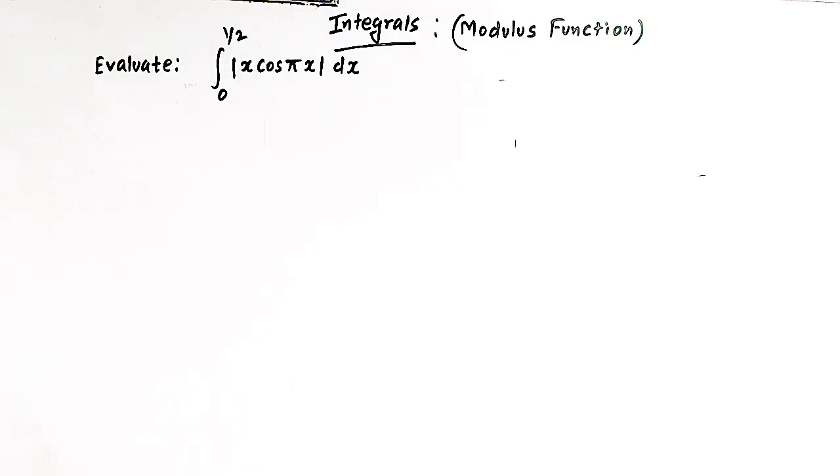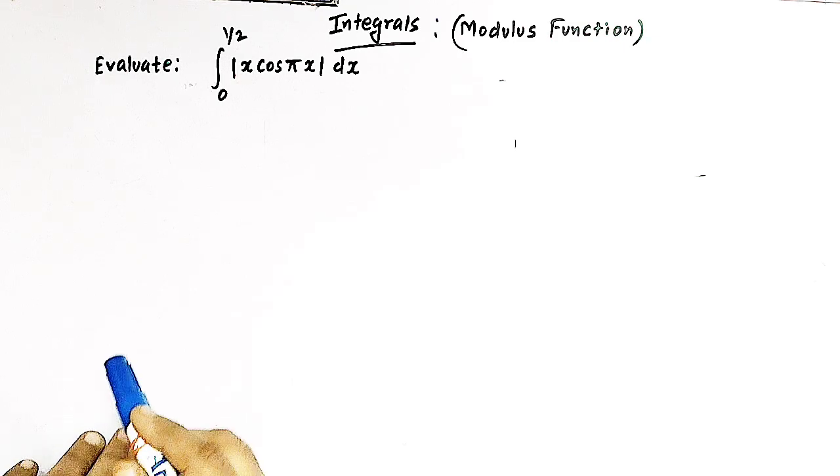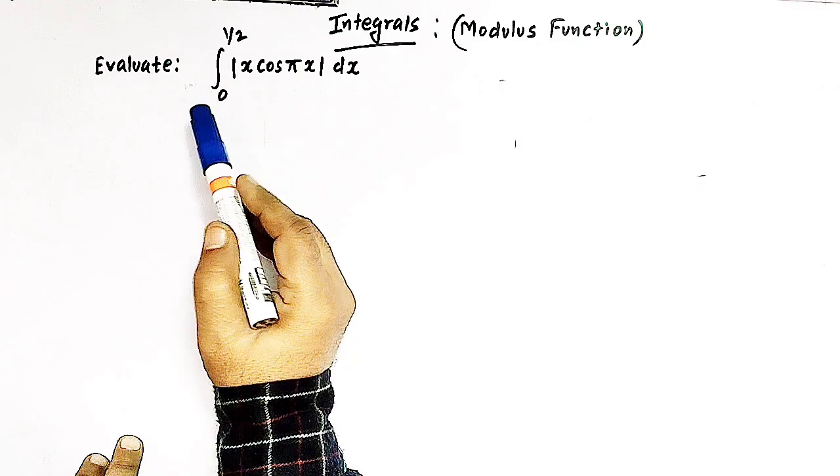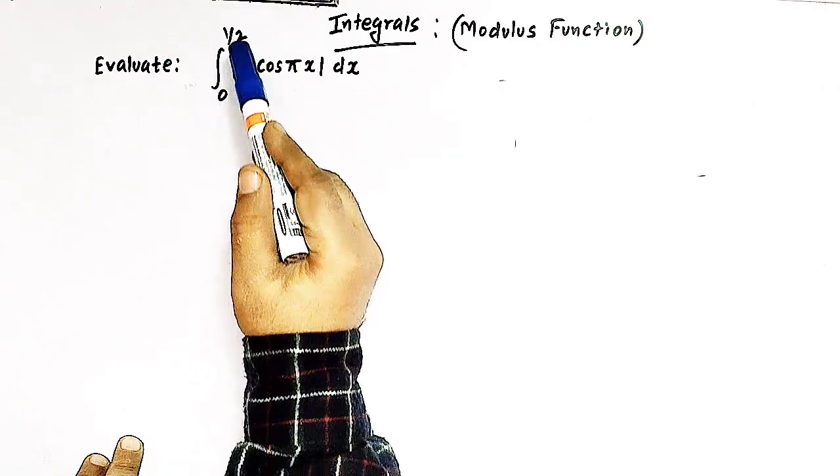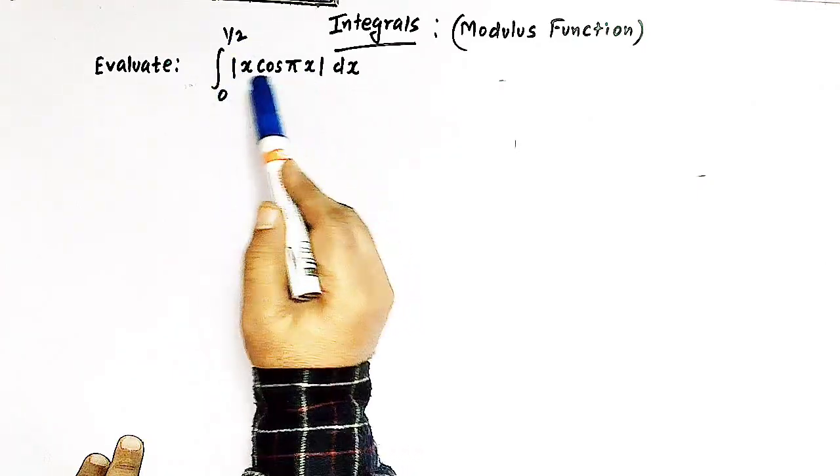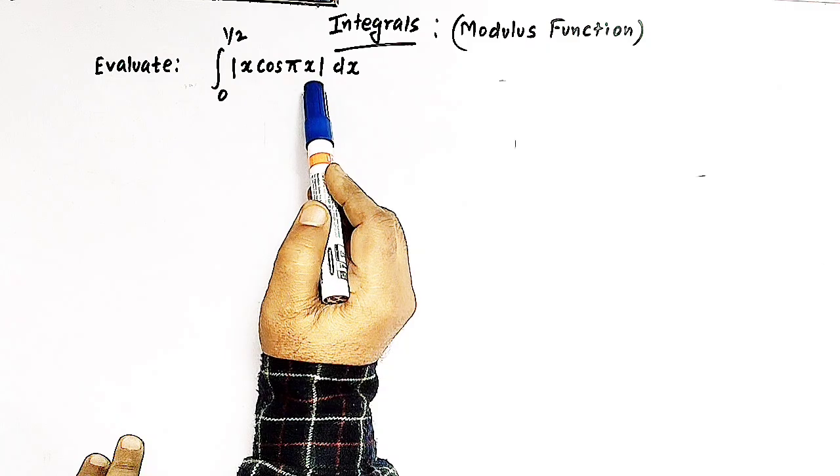Hello viewers, in today's session we are going to discuss an important and conceptual problem from definite integrals involving the modulus function. So here we have to evaluate this definite integral where the limits are from 0 to half, and the integrand is a mod function, right?